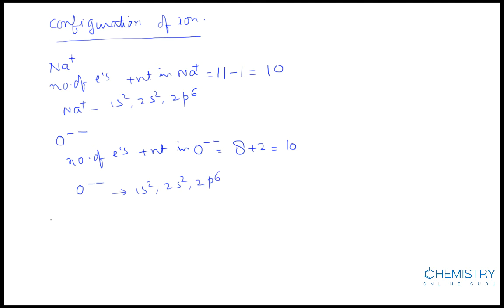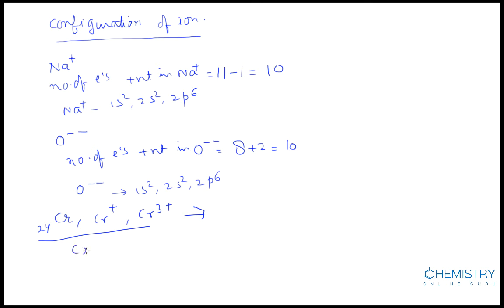But in the case of d block elements, when electrons are present in the d subshell, suppose Cr 24, Cr+, Cr3+. We want to write the configuration of these three: chromium and Cr+ and Cr3+.